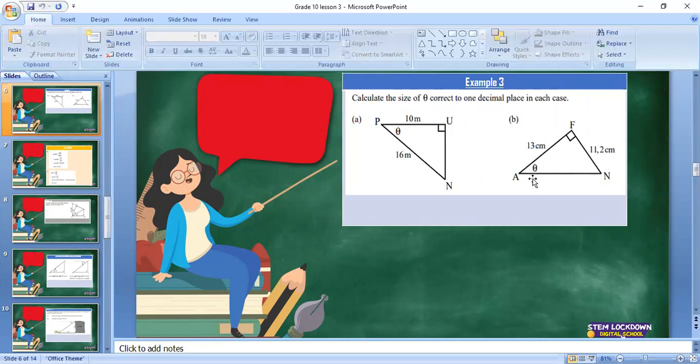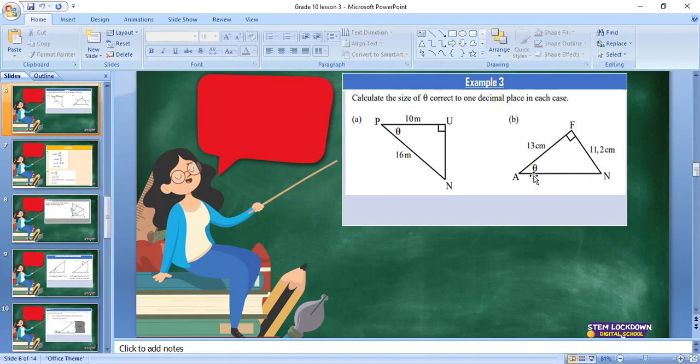Because we have to find theta and we have these two sides, which trig ratio has opposite and adjacent? That's only TOA, tan. So we say tan theta equals opposite over adjacent.